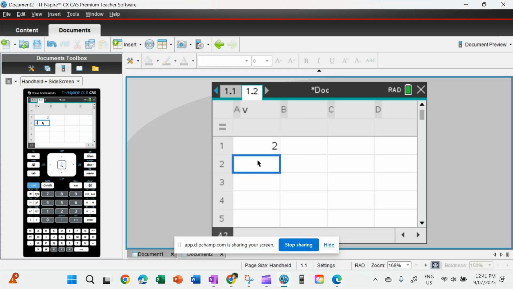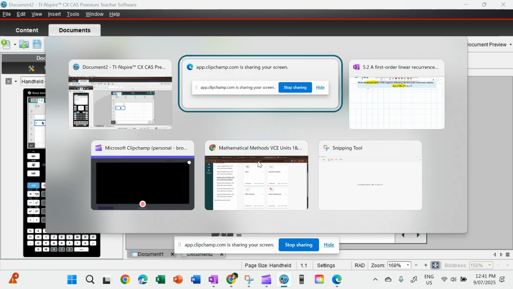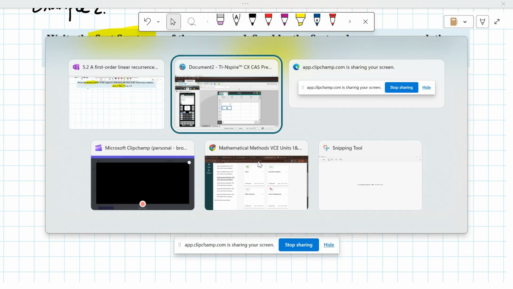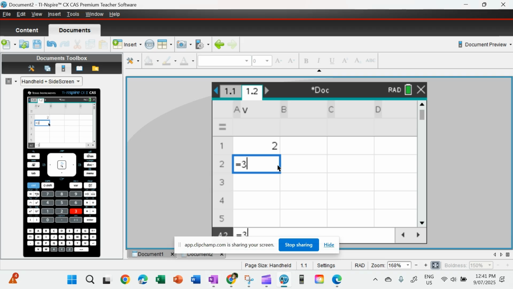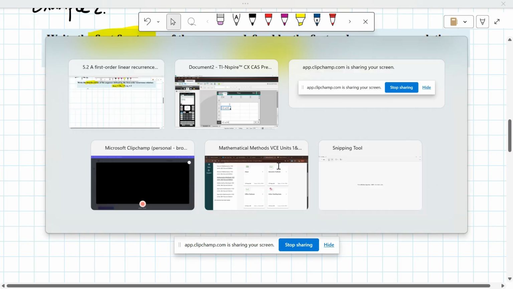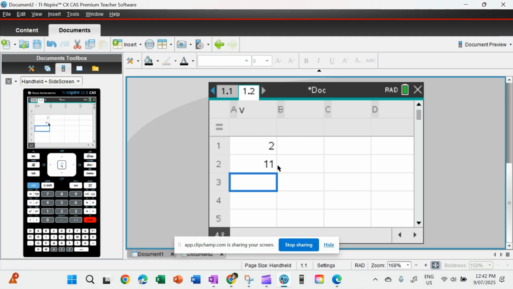For the second one, we start straight away with equals. If you type equals, that means the next few lines will be calculated from it. So 3 times a1. What does a1 mean? That means the previous term, the first term. And then you add 5. So it gives you the next term straight away.